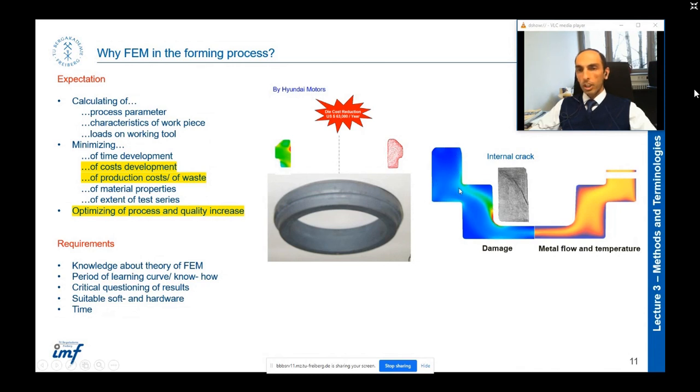You can see here is a high risk area, and exactly in the experiment you can see that the crack appeared here. When you have such a simulation which can predict this defect, then in the next step you can start playing with the parameters, like the die design, temperature, material properties and whatever, to remove such a problem.